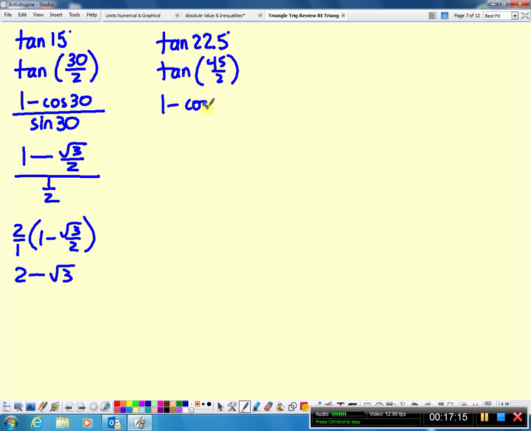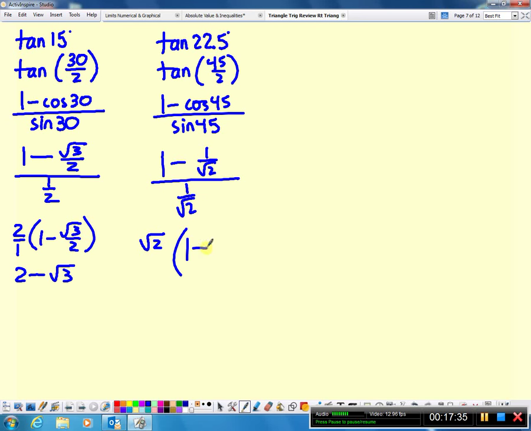Now, you do not have to do this, but I have found if you don't rationalize the sine and cosine values, it's easier, remember, to say, well, I need to multiply the top by the reciprocal of the bottom, and it's easier to do the reciprocal of 1 over the square root of 2. So then when you distribute, you're going to have the square root of 2 minus 1. It's just easier to work out, just a little trick. So let's go back and see what happens.